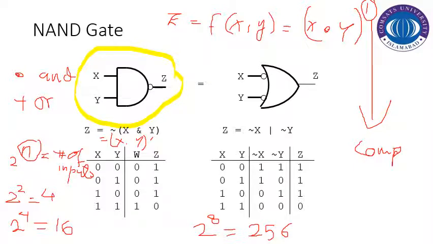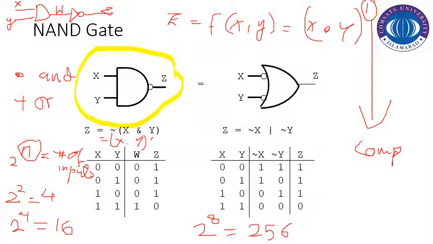So here X and Y, first of all, the NAND gate is basically AND and then inversion. This truth table represents this. We have an AND gate that has input X and input Y. The output of the AND gate is called W, which is inverted to produce Z. So this truth table represents that combination.